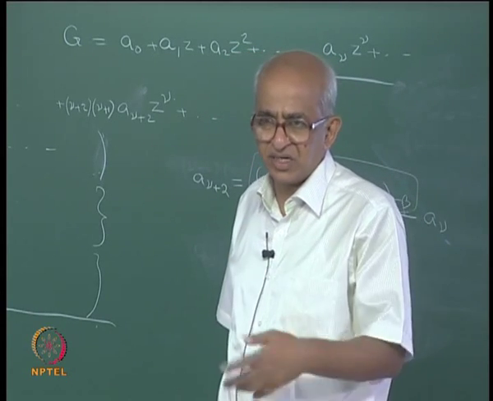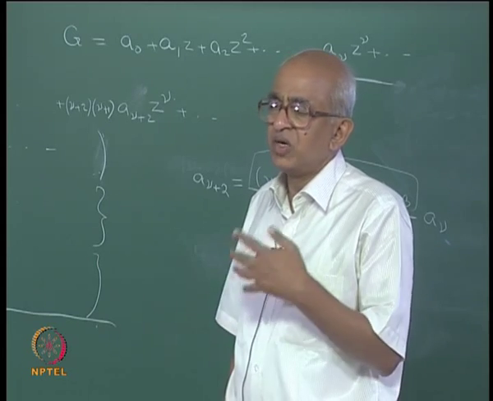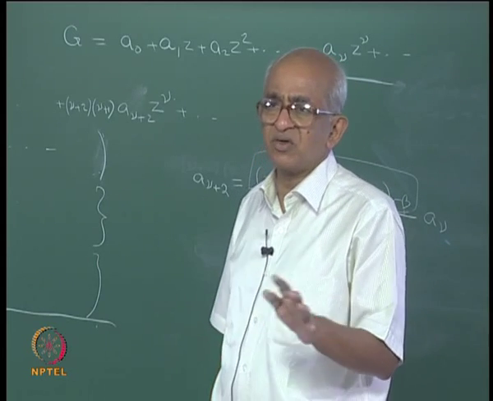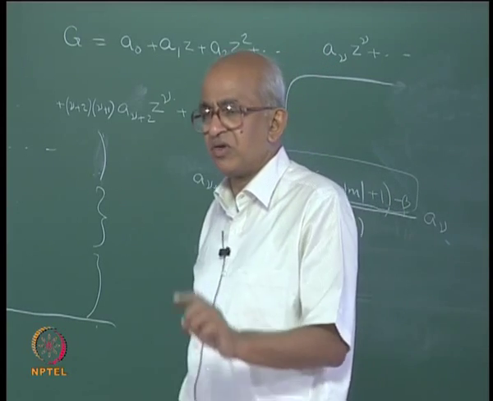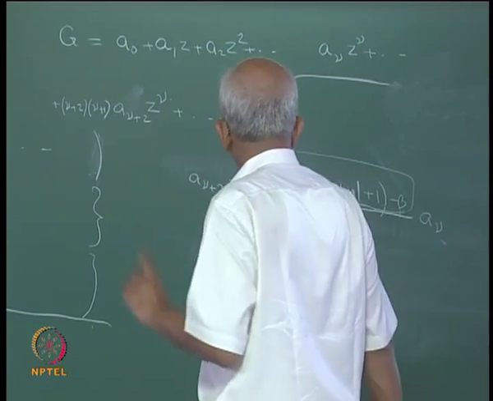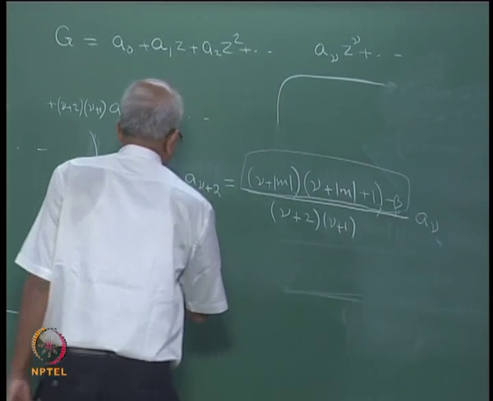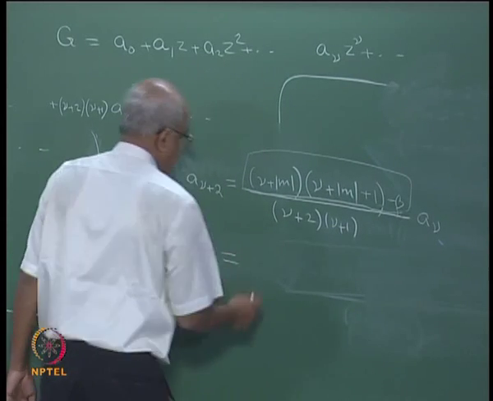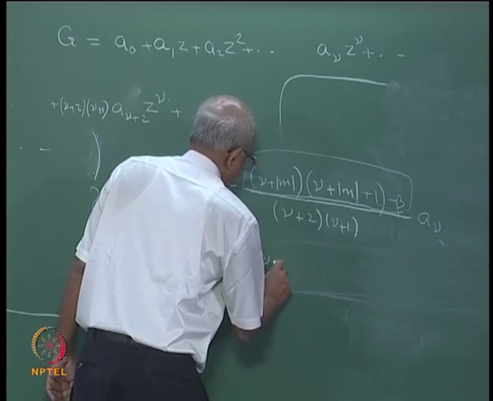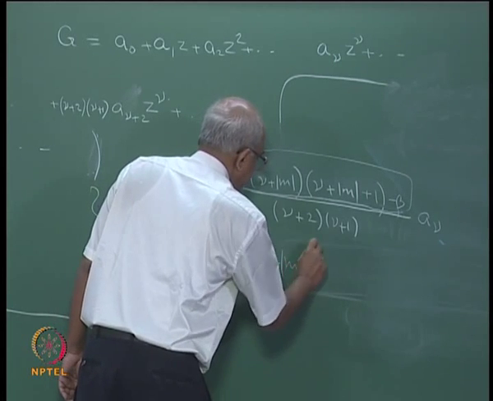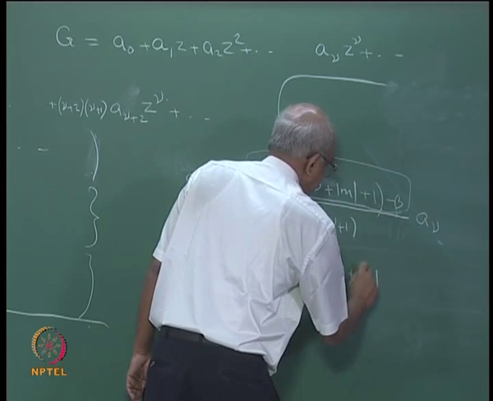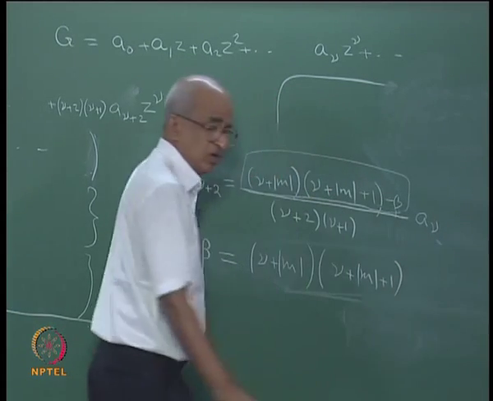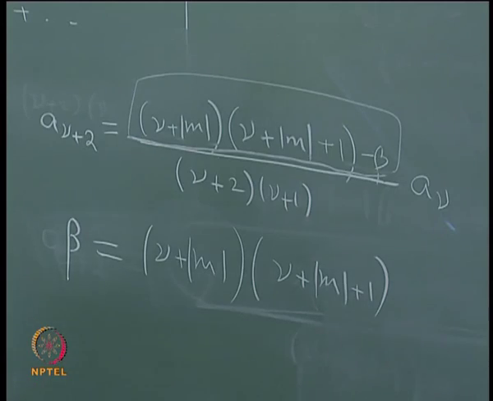We had introduced it as a constant, but you find that for arbitrary values of this constant you are not going to get an acceptable solution. Acceptable solutions can be obtained only if beta is equal to how much? Beta is equal to nu plus m into nu plus m plus 1, only if this is the way it is, but what is the value of nu that you can have?